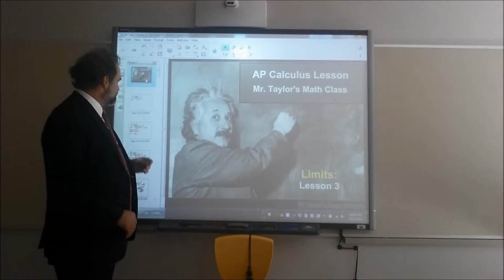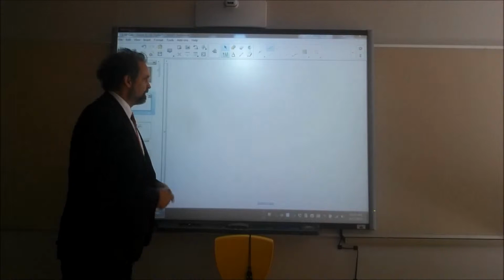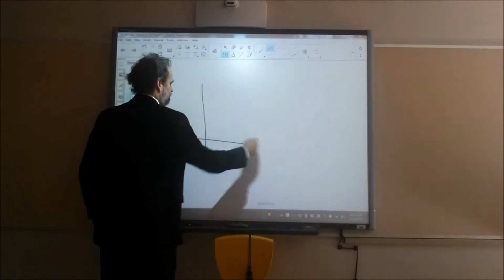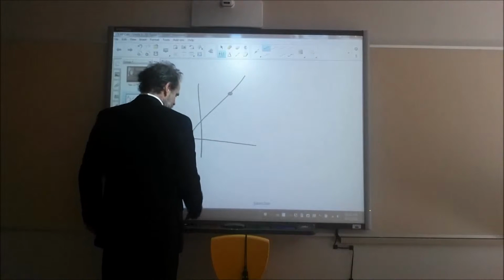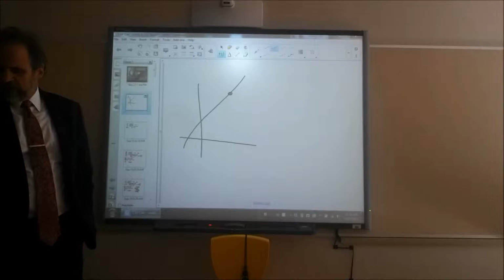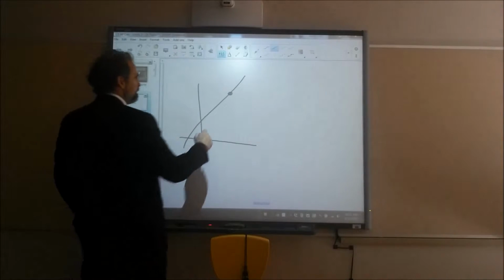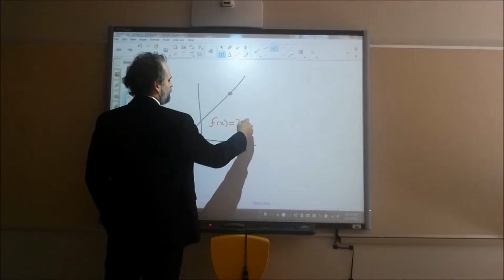if I have some function, and there's some point on that function. It could be anything. Let's imagine it's a linear function. I just drew it poorly.